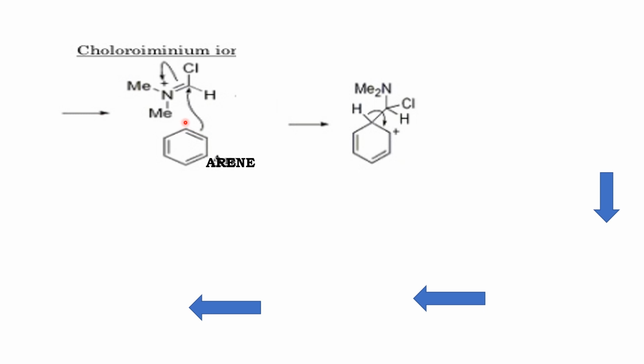The negative charge on the first carbon atom attacks the carbon atom of the iminium ion. When it attacks the iminium carbon atom, the double bond between nitrogen and carbon shifts back. As a result, I will get a structure like this one.